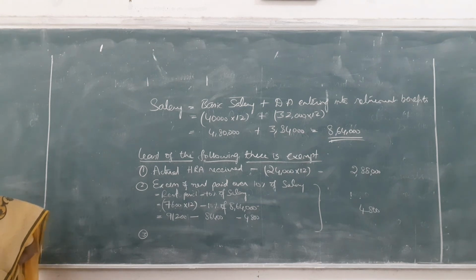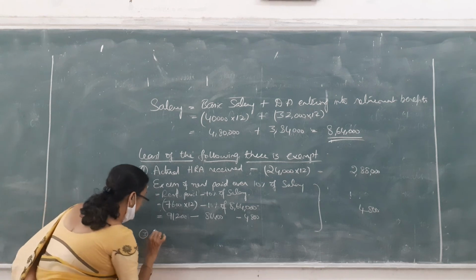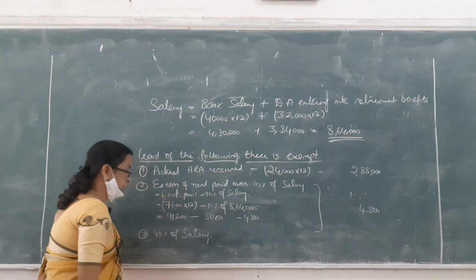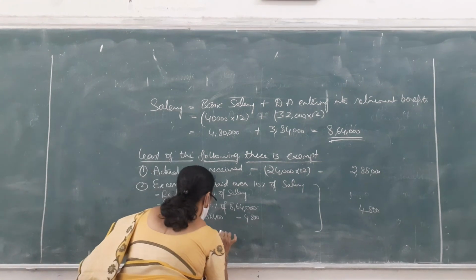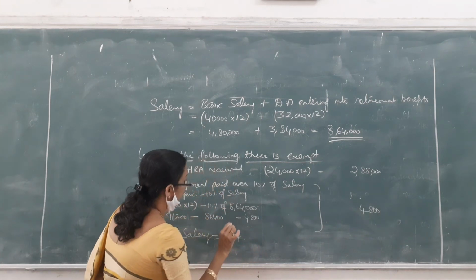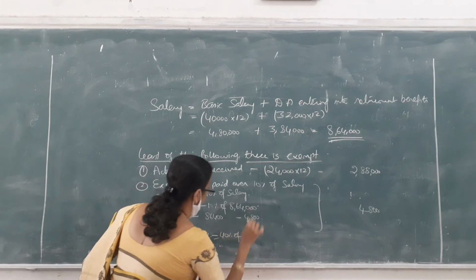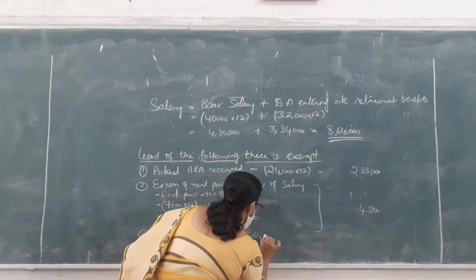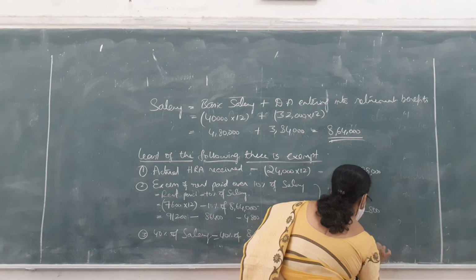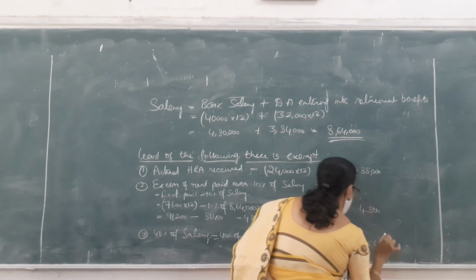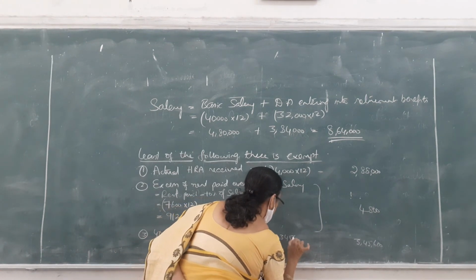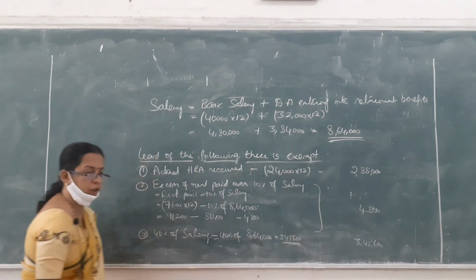The house is at Amritsar, so we have to take 40% of salary. 40% of 8,64,000 is 3,45,600.